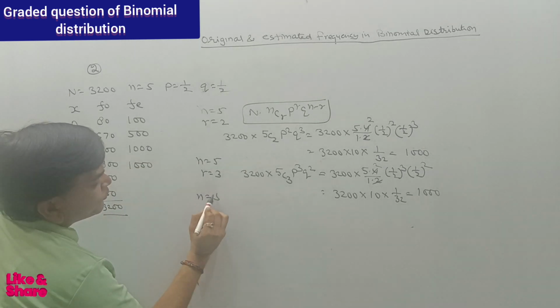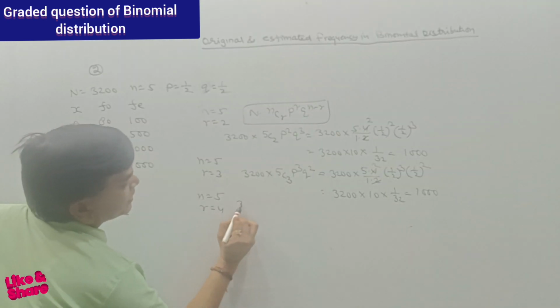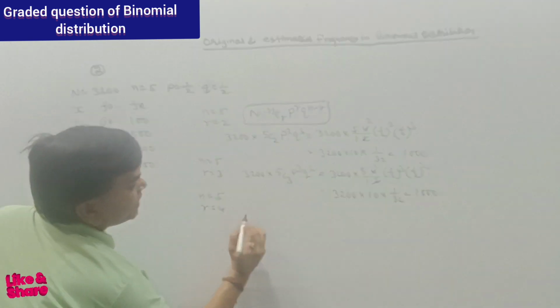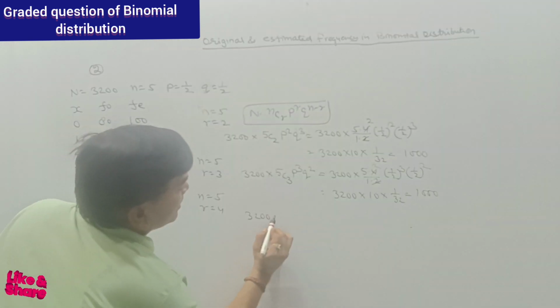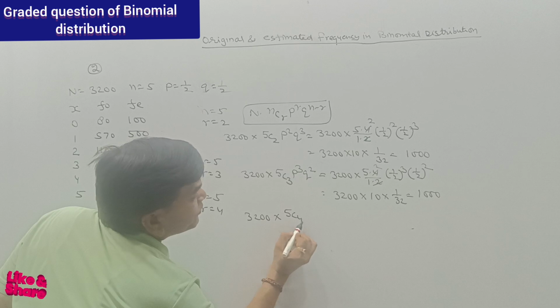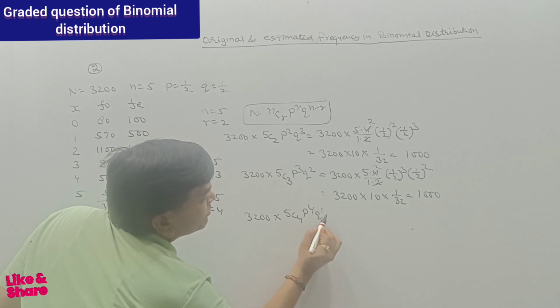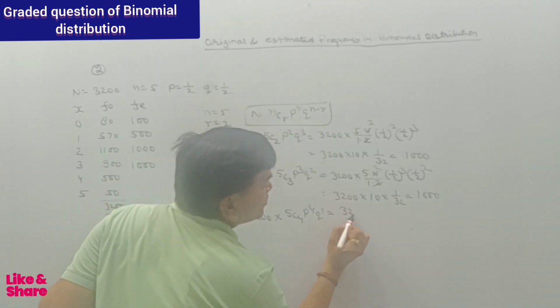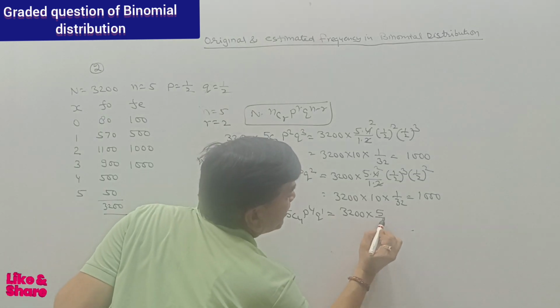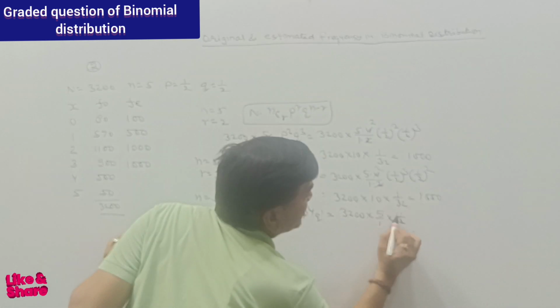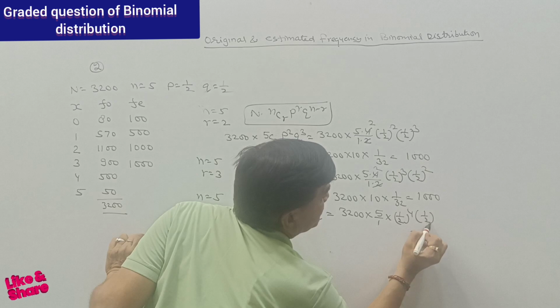Now n is equal to 5, r is equal to 4. So this will be 3200 multiply 5C4, p raised to power 4, q raised to power 1. So 3200 multiply 5 by 1 multiply 1 by 2 raised to power 4 and 1 by 2 raised to power 1.